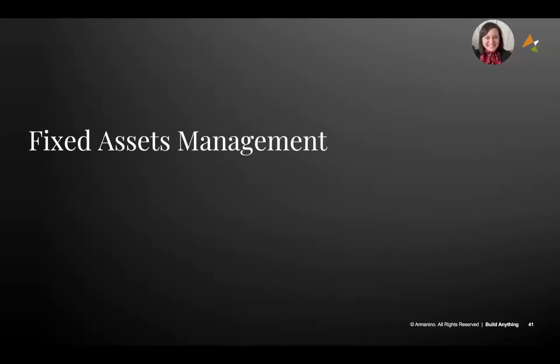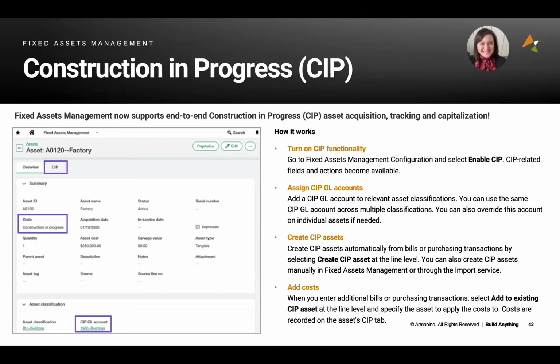Fixed assets management. The construction in progress feature has been highly awaited and now it is available. This is in the new Sage Fixed Assets Management module. It may be a replacement for the older SIG Fixed Assets installed module that Intacct had purchased from a partner maybe about 8 years ago or so.